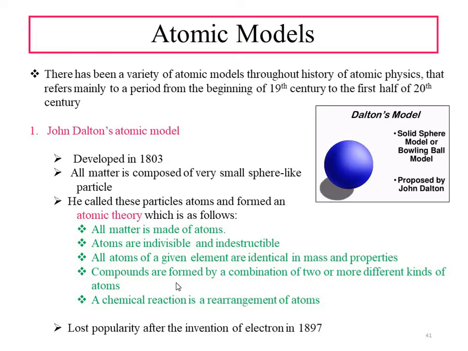A chemical reaction is the rearrangement of atoms. That's where some confusion came, and from this, other theories were developed. This model lost its popularity after the discovery of the electron in 1897.